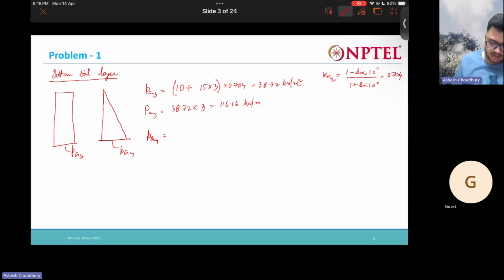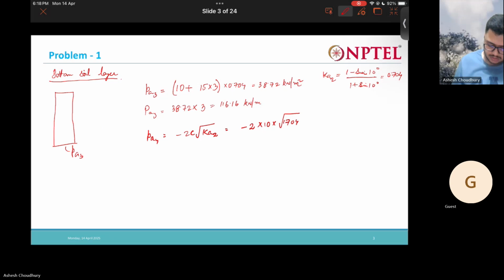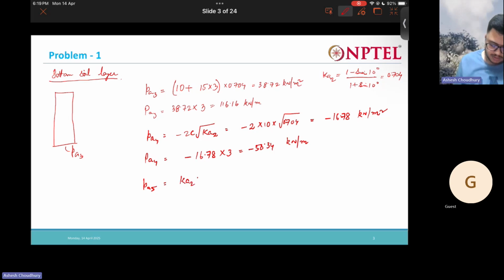We write the negative part separately and denote it as Pa4, which is 2c root over Ka2. Lastly, we have Pa5, which is nothing but gamma times Ka2 times Z. Z is the height of that layer.